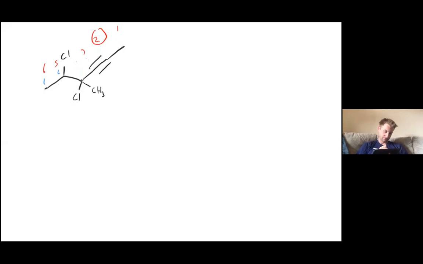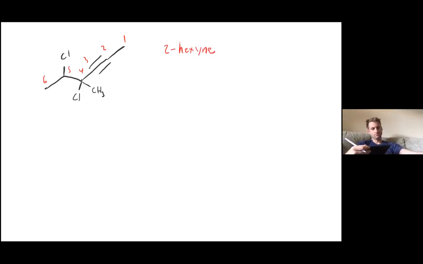I lost my 4. I'm going to write these out down here just to get them a little bit closer. So similar to with an alkene here, we're indicating where it starts. So this would be a 2-hexyne. And then from here, everything else is the same as we have been doing.